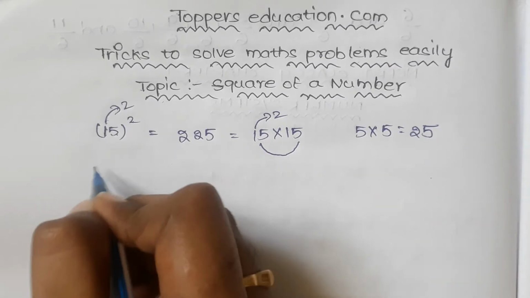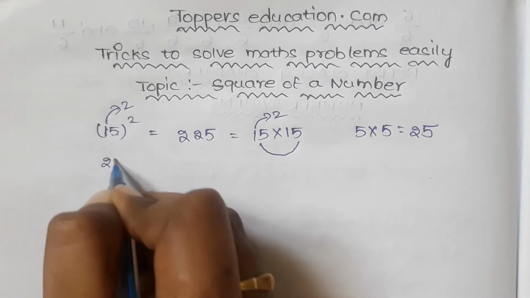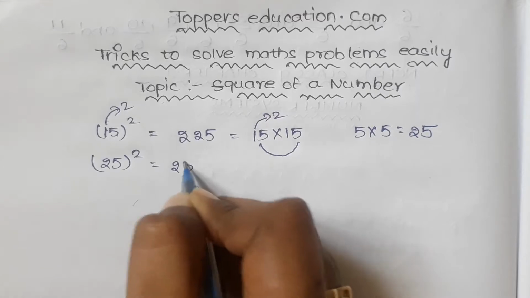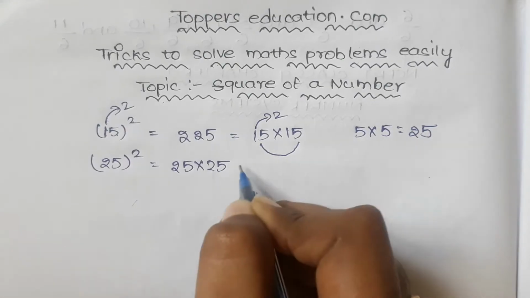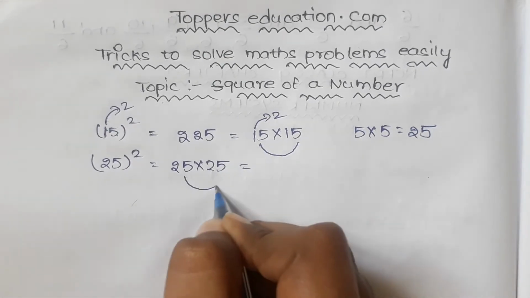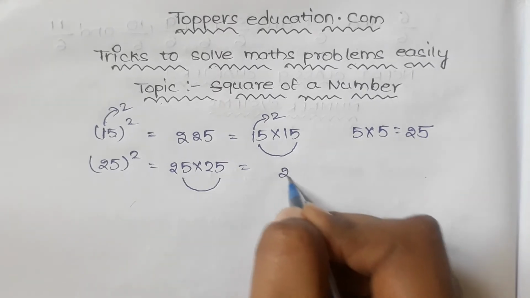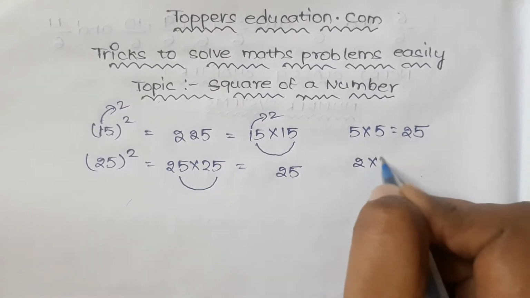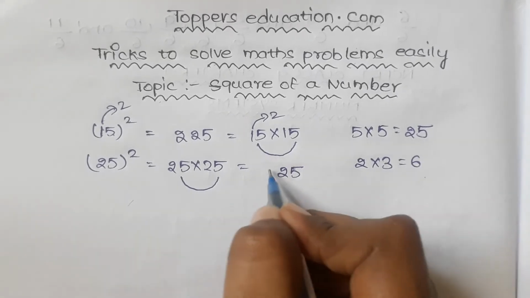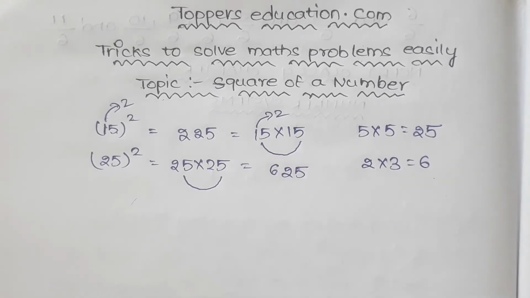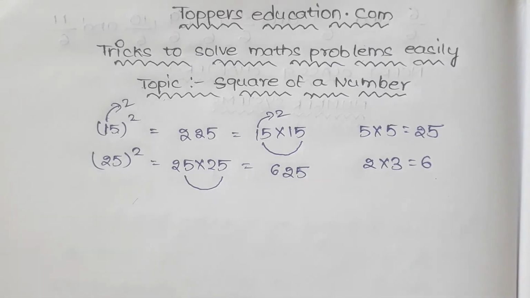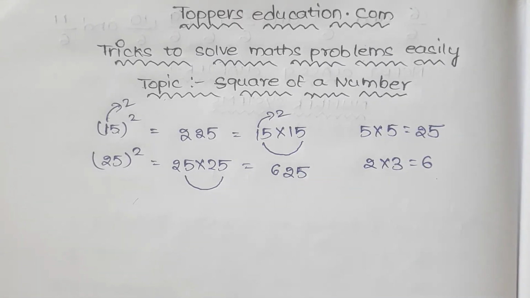Similarly, 25 square, that is 25 into 25, equals 5 into 5, 25, and 2 times the next number 3, that is 2 into 3, 6. In squares, this procedure is not possible for all numbers.